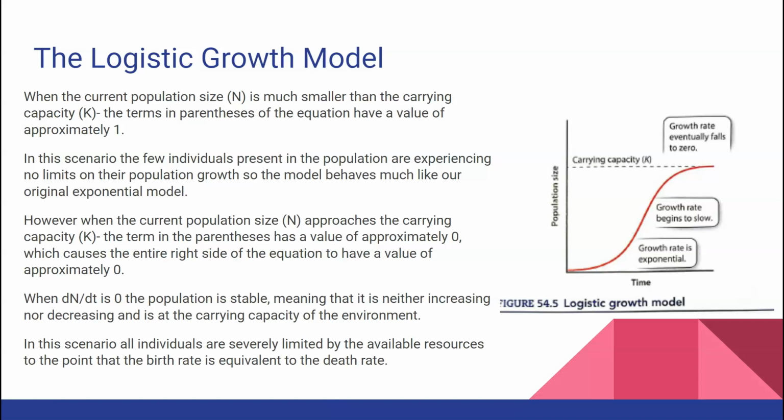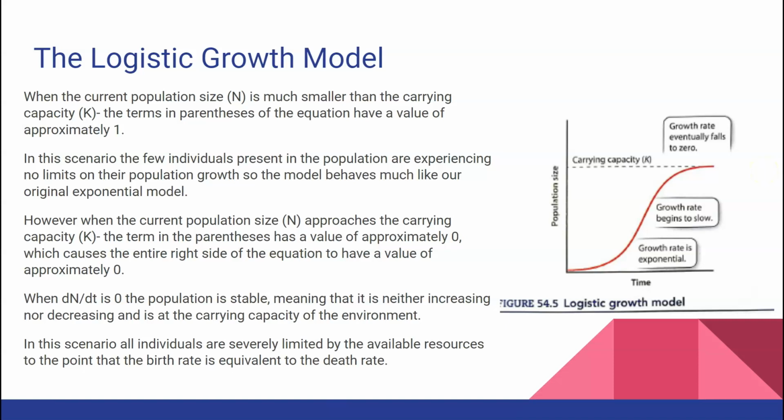However, when the population size approaches the carrying capacity, the term in parentheses has a value of approximately 0, which causes the entire right side of the equation to have a value of approximately 0. When the change in population over time is 0, the population is stable. That's why we see it starting to level out here, because it is neither increasing nor decreasing.